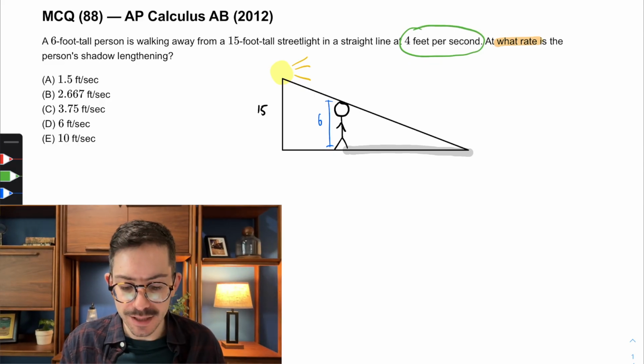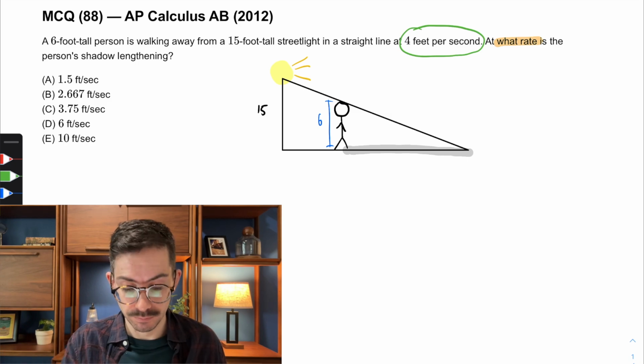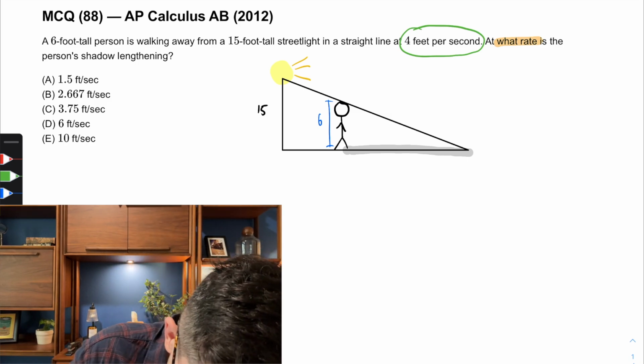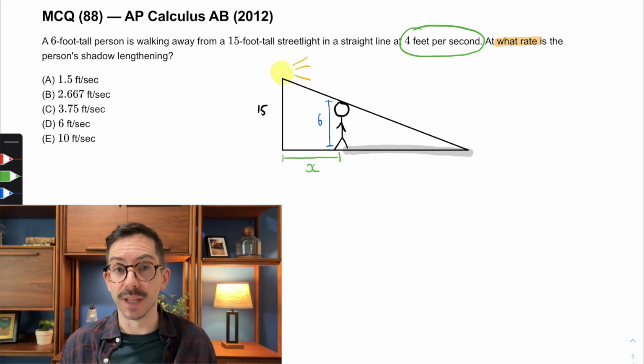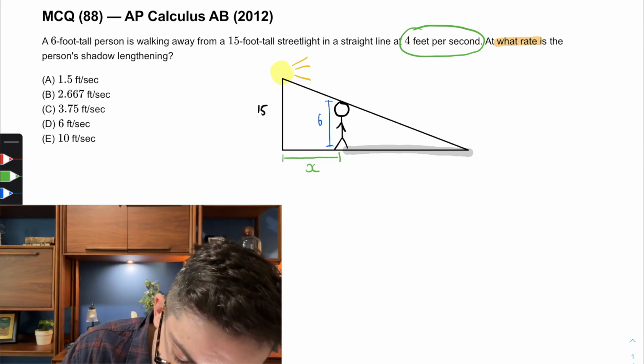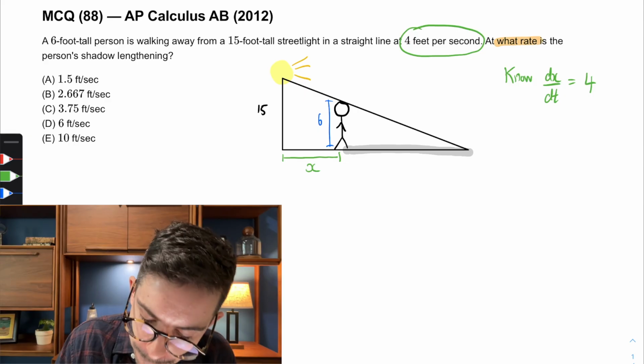So that is the speed at which he is walking away from the street lamp. Okay? So if we have a variable that represents the distance he's walked away from the street lamp, let's call it x, we know that dx by dt is 4 feet per second.